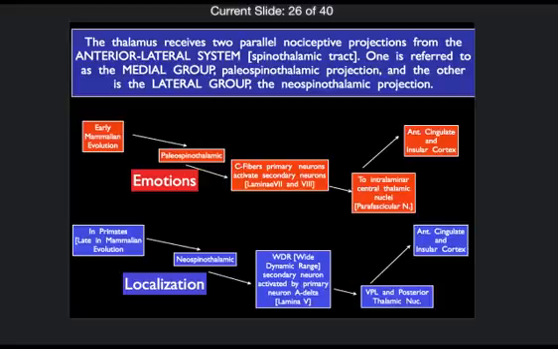These have projections that are predominantly to the interlaminar central thalamic nuclei, or parafascicular nuclear group, or centromedian region, and some of the reticular formations surrounding the thalamus. They project to the anterior cingulate and insular cortex.